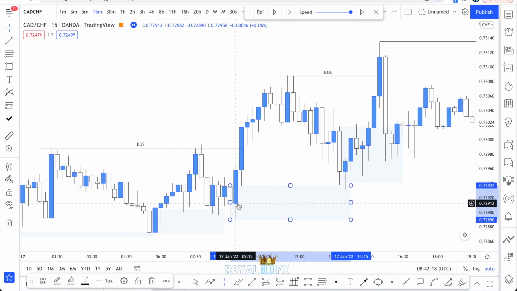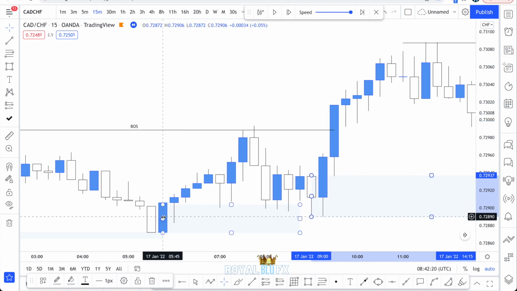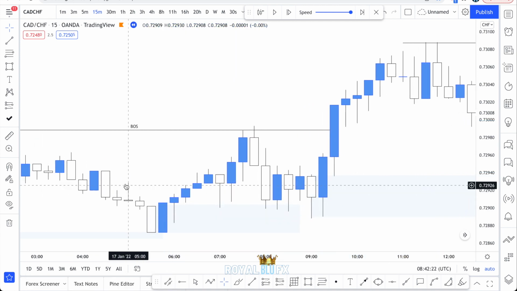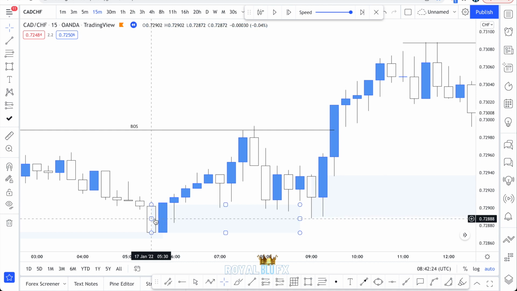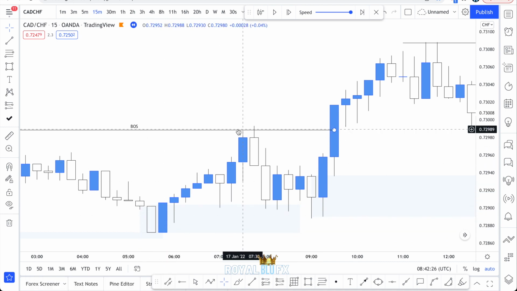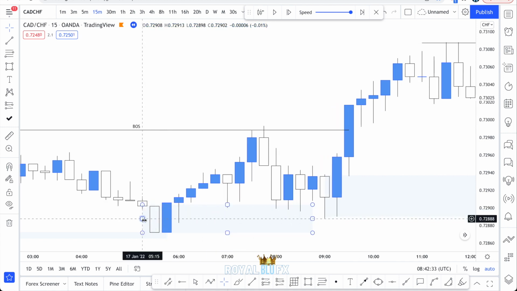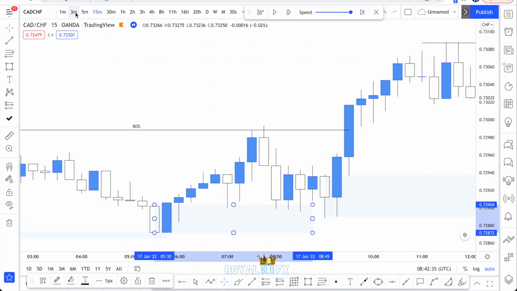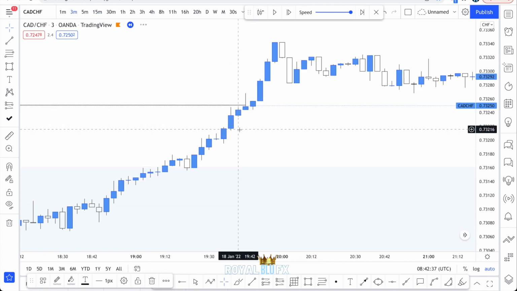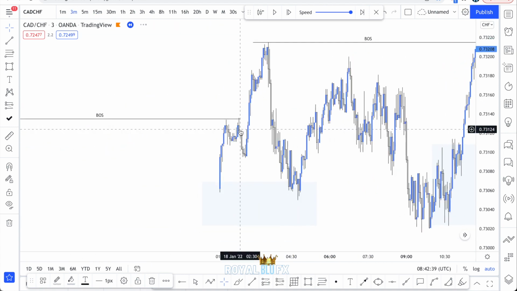Before we move further, let's look at this one here. We have a high and a low. Here's the last bearish candle before the major move goes up. Now we would go and see what's happening in this bearish candle. Can we make the zone even smaller? Let's go down and check it out.